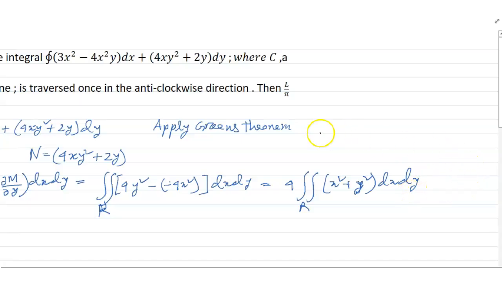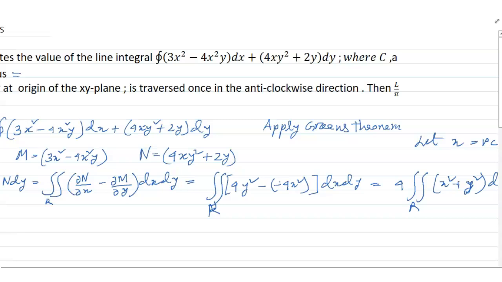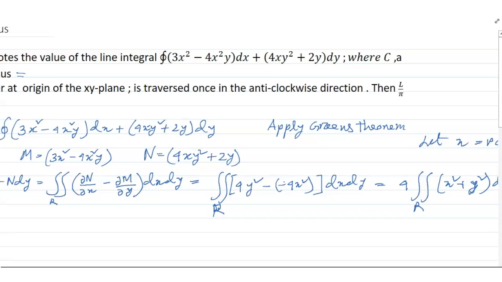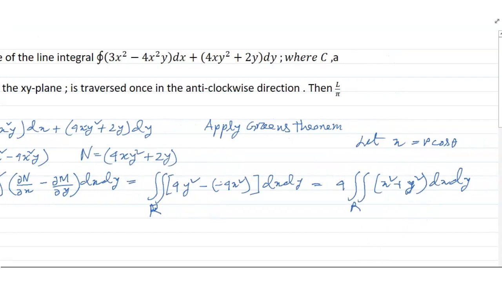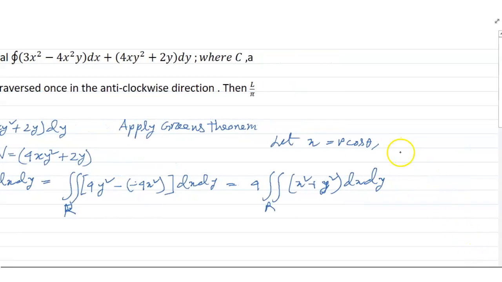Let x equal r cos theta and y equal r sin theta, and the Jacobian is equal to r.